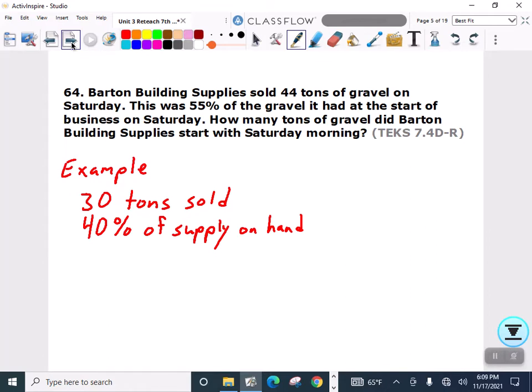Okay, so here's an example. Let's say, for example, 30 tons were sold, and that works out to be 40% of the supply on hand. Well, we don't know what 100% is, but if we knew the weight of 1%, we could just multiply that times 100, and then that will give us 100%.